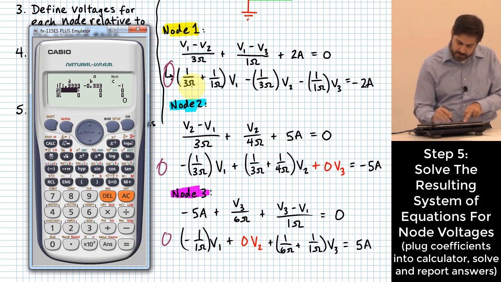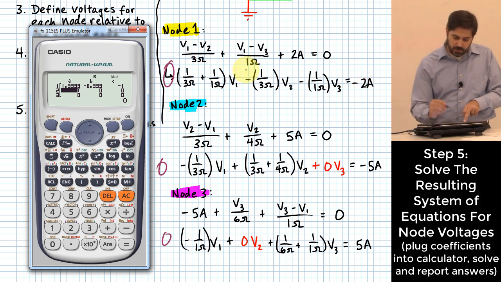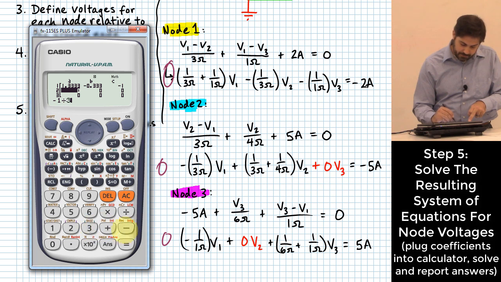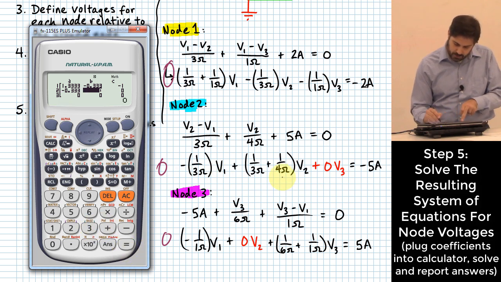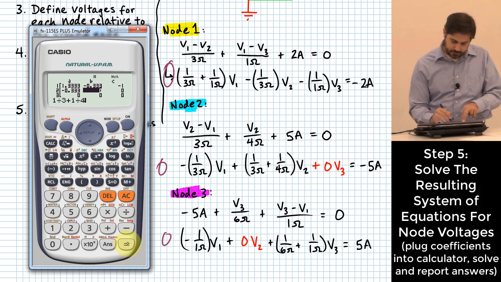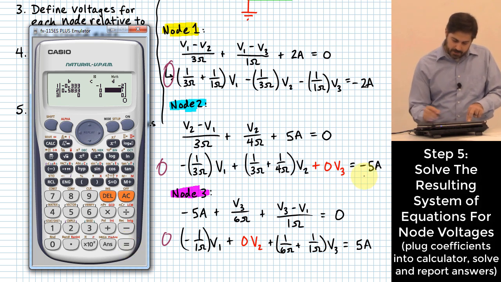Okay, so I just basically put in each of the coefficients that I needed from that first equation. The next equation, I'll do minus 1 over 3. I will do 1 over 3 plus 1 over 4. Okay, 0 and negative 5.